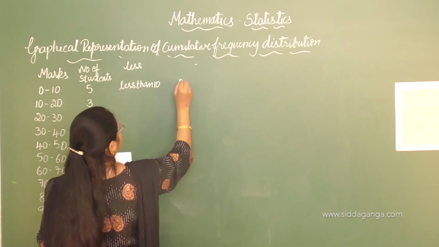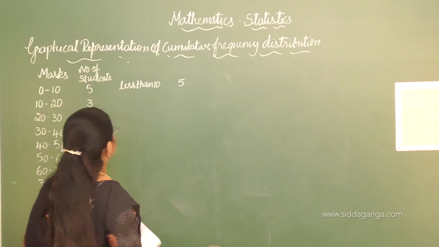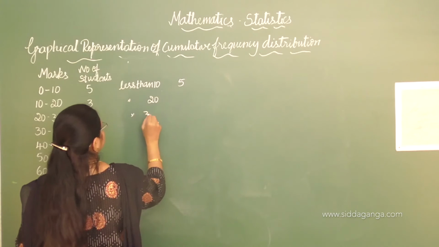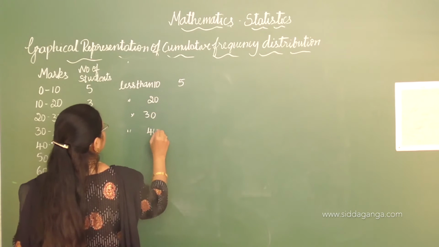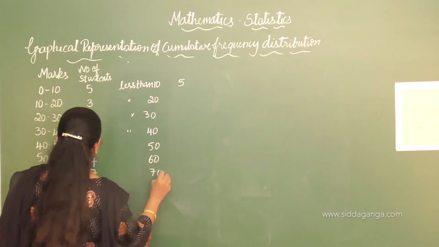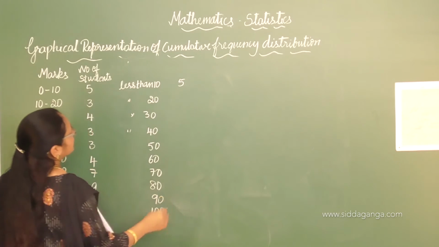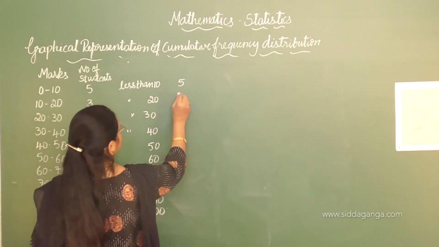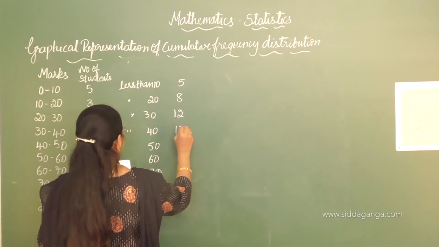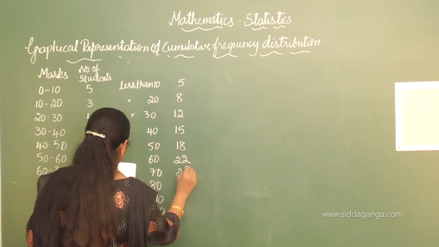Cumulative frequency: in the previous problem I showed you less than 10, less than 20, less than 30, less than 40, 50, 60, 70, 80, 90 and 100, and the cumulative frequencies we got were 8, 12, 15, 18, 22, 29.